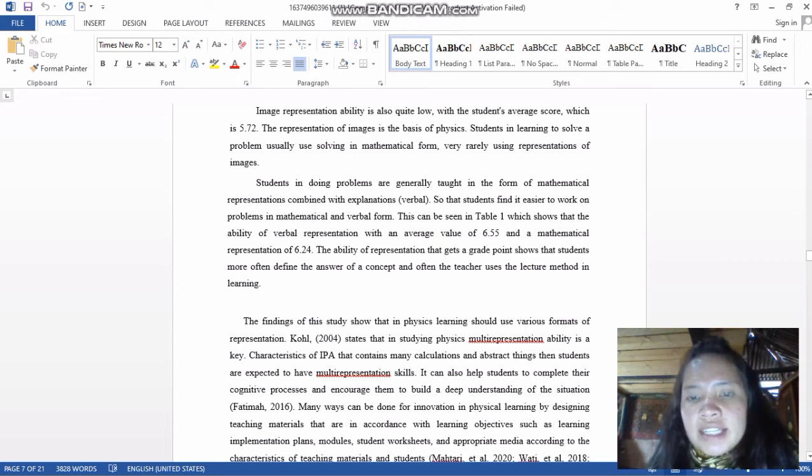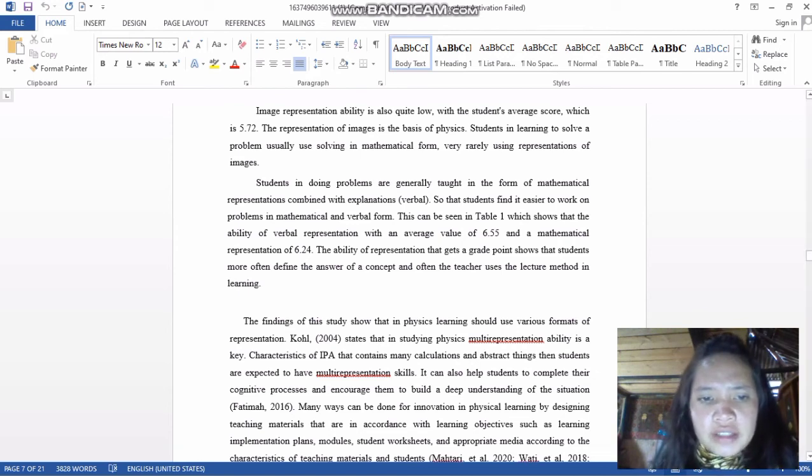This can be seen in Table 1, which shows that the ability of verbal representation has an average value of 6.55 and mathematical representation 6.24. This shows that students more often define the answer of a concept, and often the teachers use the lecture method in learning.